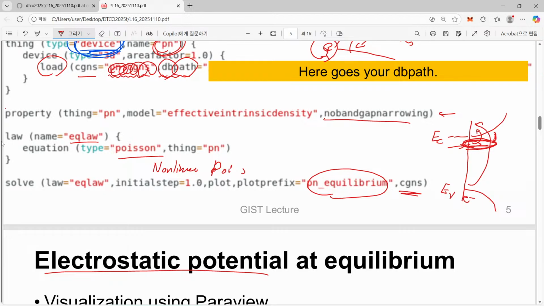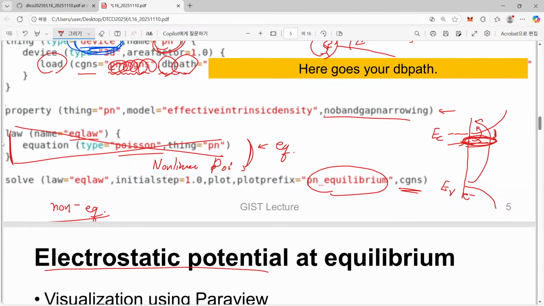It means that electron density and hole density are just functions of electrostatic potential, and implicitly it is assuming the equilibrium case. Since we are now talking about the non-equilibrium case, this equation is not valid for the general case. We need an additional one.